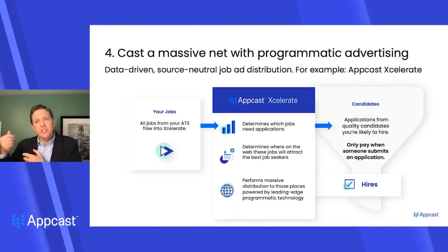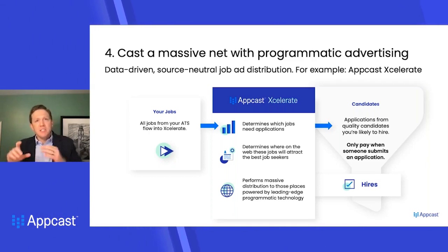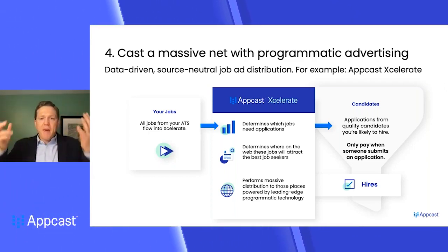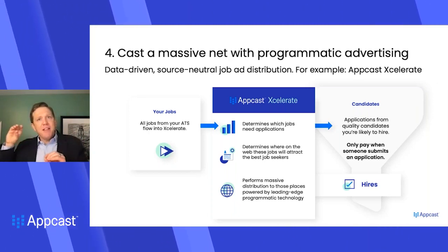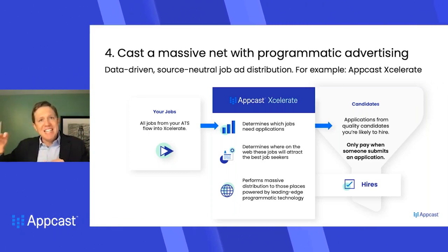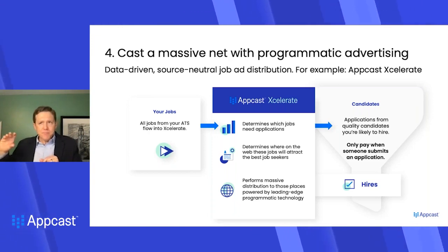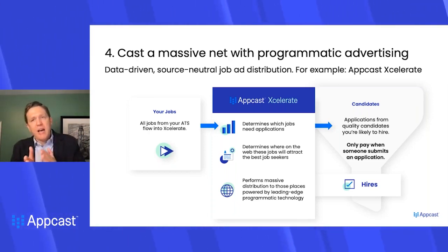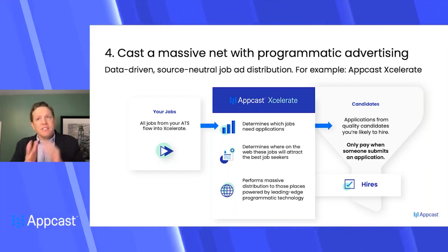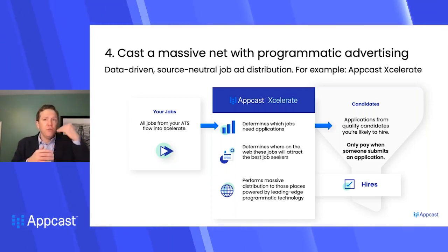Maybe in some regions, you're just not getting enough applications. And so what Accelerate does and what the programmatic technology does is it will optimize those roles and those geographies that need more applicants. And so those applicants, you get to determine what is a quality applicant or not. And with Accelerate, you only pay when you get an application.